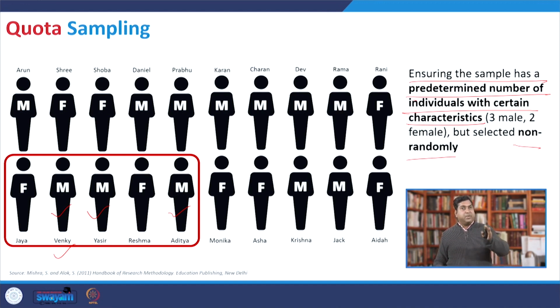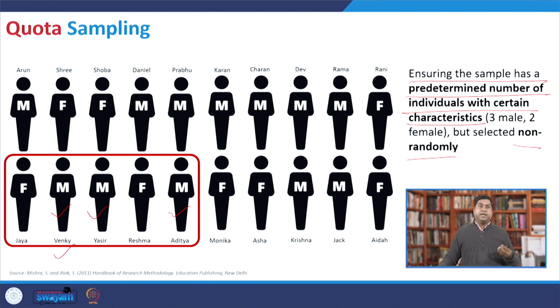I get back to the same example. Suppose I want to understand the perception of students towards architecture education. In a UG 5-year course of architecture, from first year to fifth year, I can classify them as first year students, second year students, third year students, like that. From each year I can pick a few selected students, not on a random basis but with some kind of representation, and then try to understand.